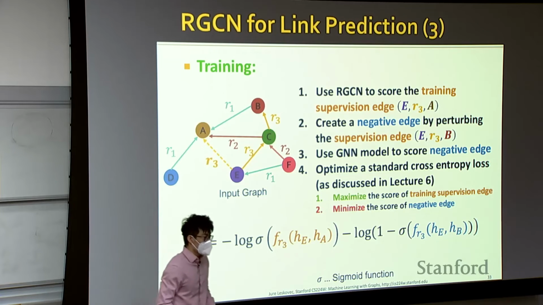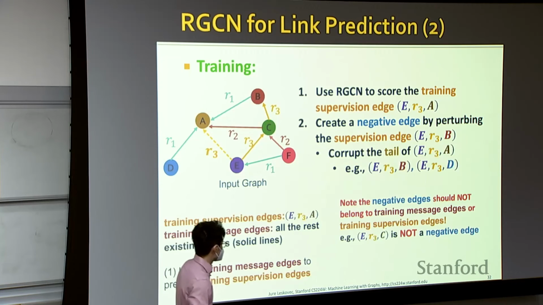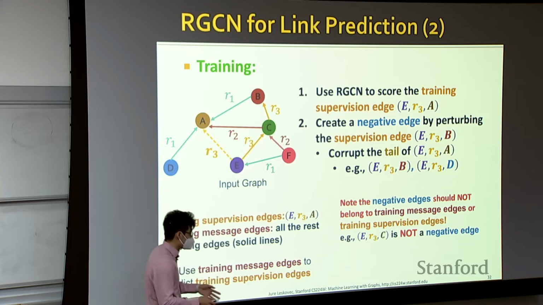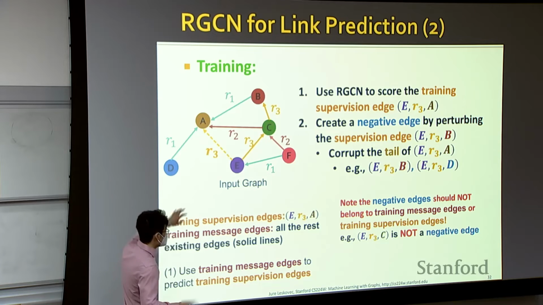Question? For the previous slide, the negative edges should not belong to the training message edges or the supervision edges. Yes. What happens if you have a really densely connected graph and you can't do that, because all of the possible edges already exist? Yeah, good point. Indeed, this is a good hypothetical example. Suppose the graph is already densely connected.